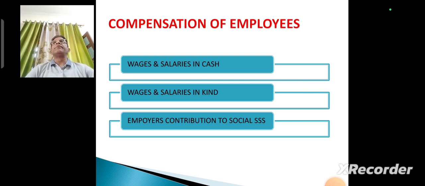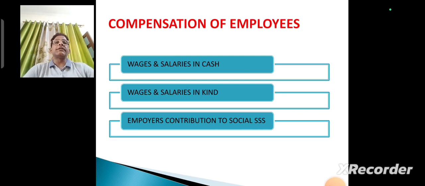When people retire, they lose their source of earning, so there will be a problem for them in earning their livelihood for the rest of their life. So in order to provide them some safety against the risks of social insecurity, the government has floated certain schemes in the name of pension, provident fund, and insurances.